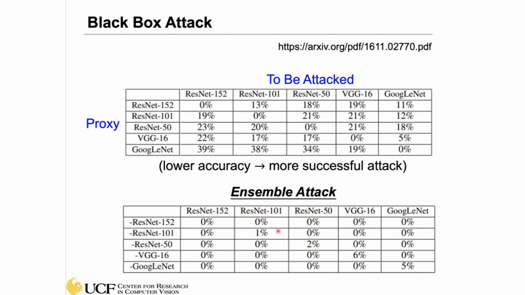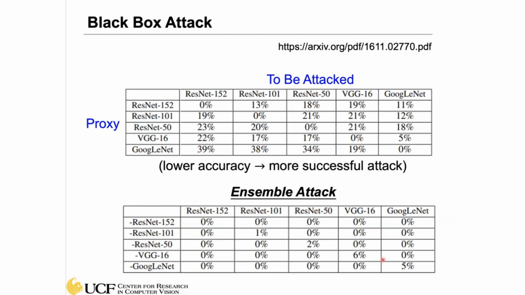And because it has some of the ResNet networks in the proxy, when we deal with a similar type of network, the transferability is going to be very high. This intuitively makes sense. So this is another case. We remove ResNet 101 in the proxy training, and we use the rest of the networks to train the adversarial examples and attack these different networks.